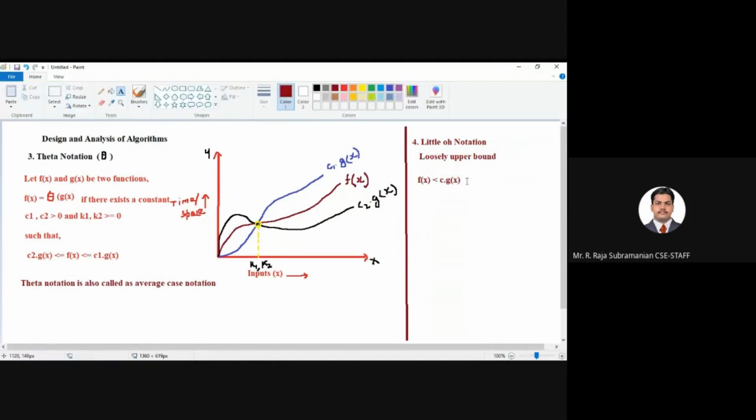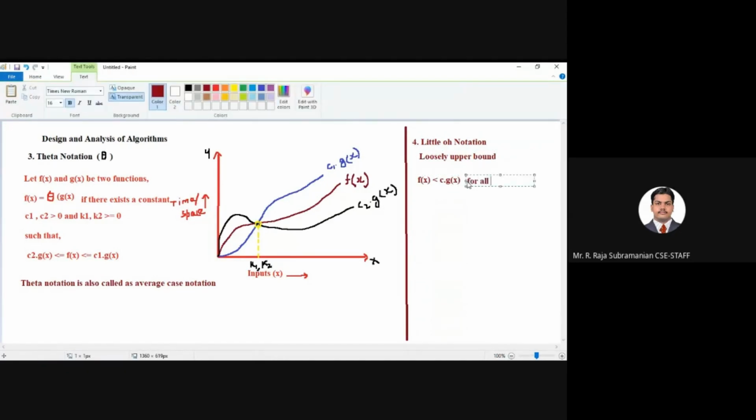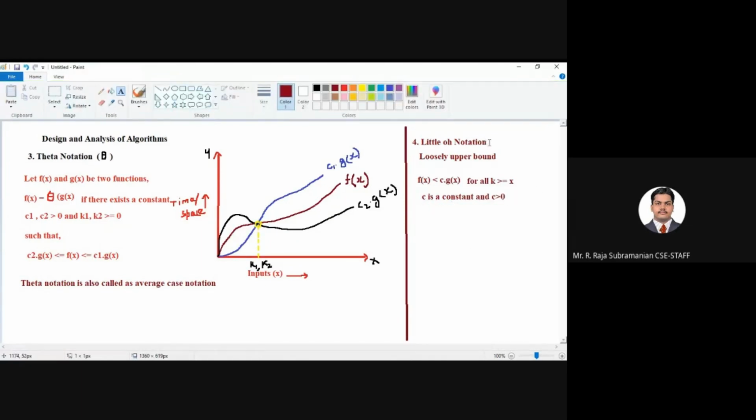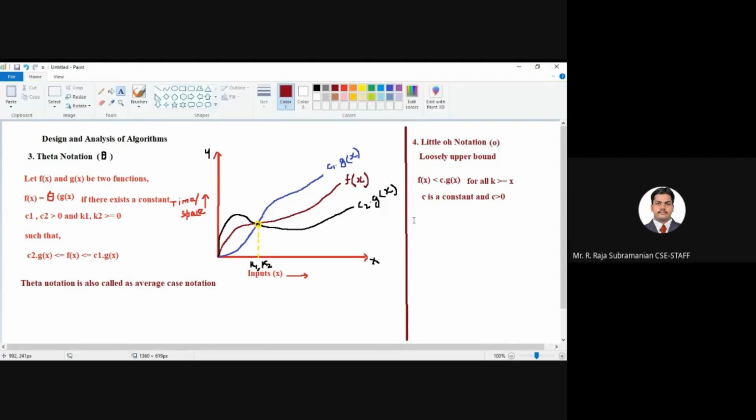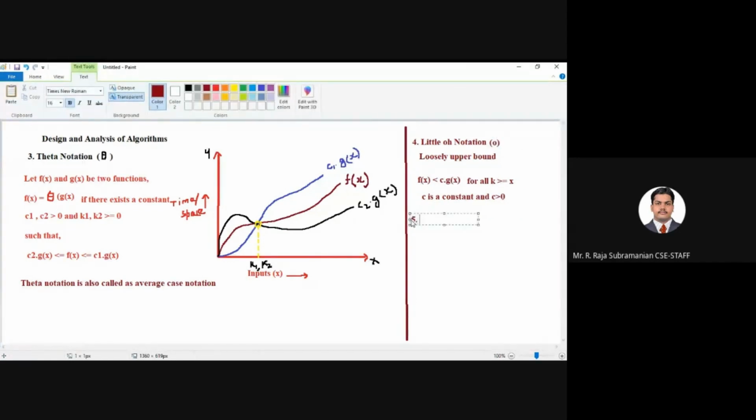Here I say that for all k greater than or equal to x, c is a constant and c greater than 0, right? Am I making it clear what loosely upper bound or little o notation is? Yes, I am making it clear what little o notation is. Yes, sir.